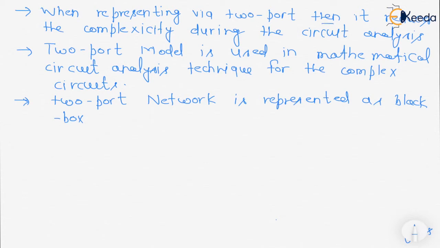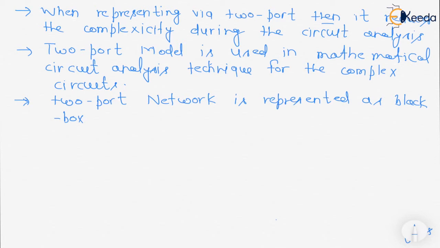When representing via two port, it reduces the complexity during the circuit analysis. This is the first point. Second one is, when the two port model is used in mathematical circuit analysis technique for the complex circuits.